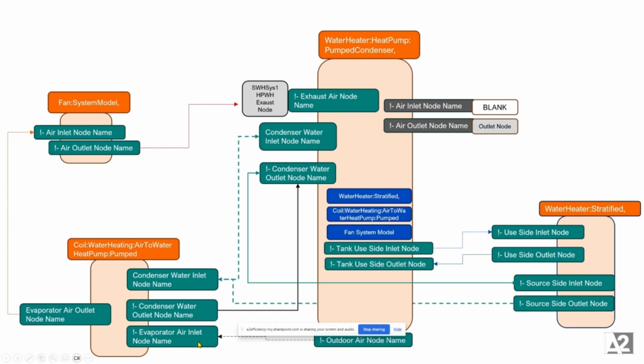The air goes into the evaporator, goes out of that evaporator and then across the fan, into the exhaust node and then into the whole system. There's then a connection between the tank and the water heater, the source side and the condenser. So if this is the compressor making the heat, the condenser water is pushing it into the tank and then back out. That's our lovely little configuration.